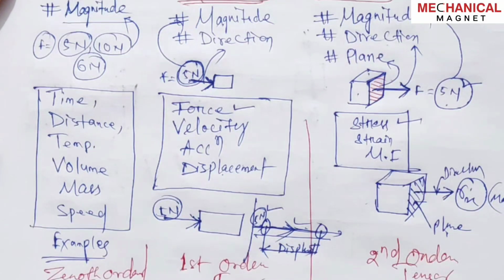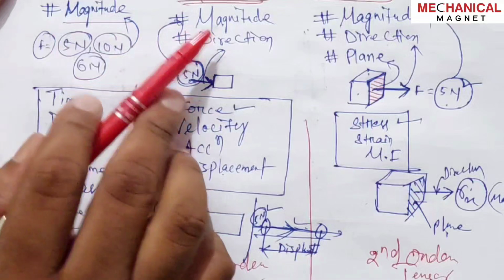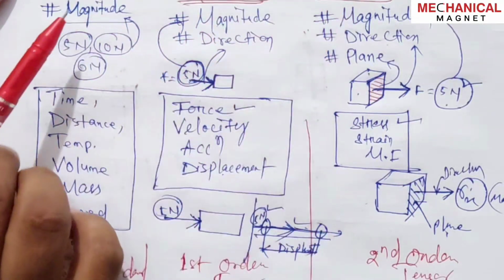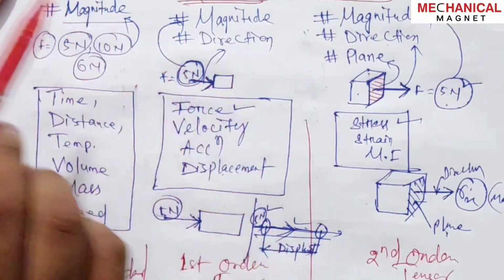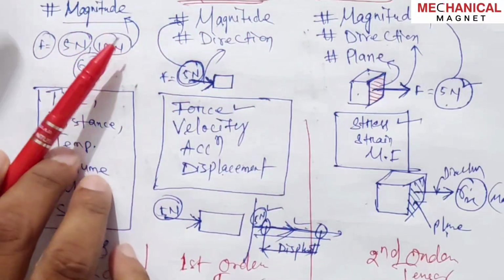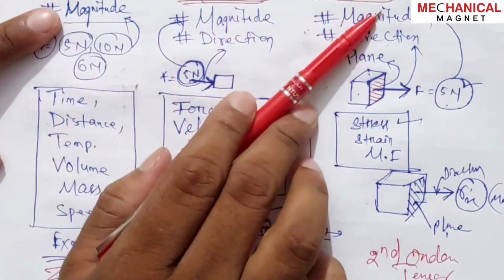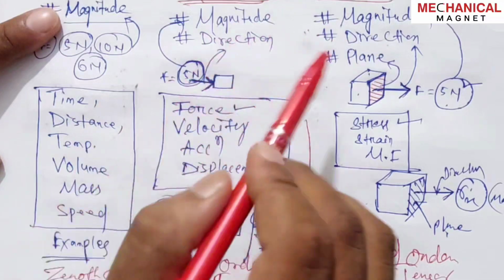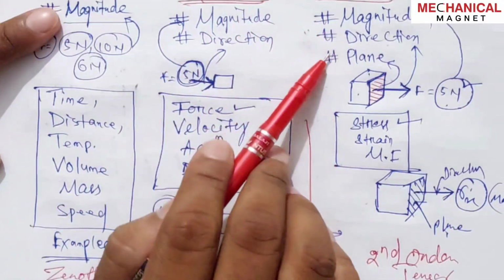This is a formula to remember this. So suppose this is the magnitude, this is the magnitude, this is the magnitude. The common thing in scalar quantity, vector quantity, and tensor quantity is magnitude. So you can erase magnitude, magnitude, magnitude. Means the thing left for tensor quantity is direction and plane.